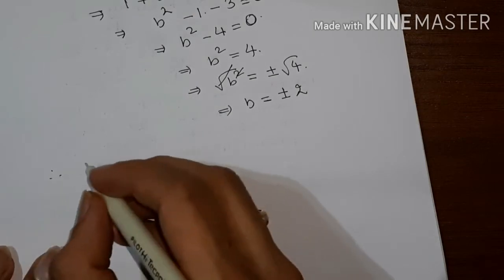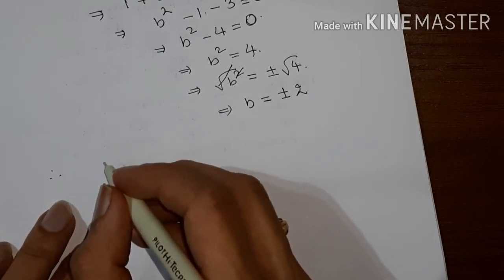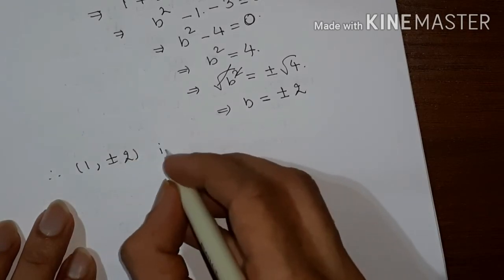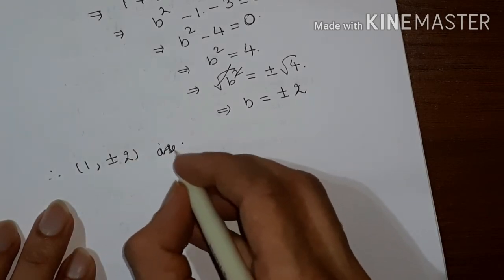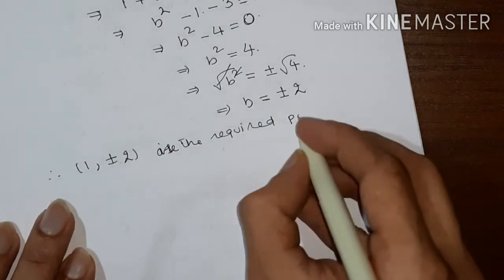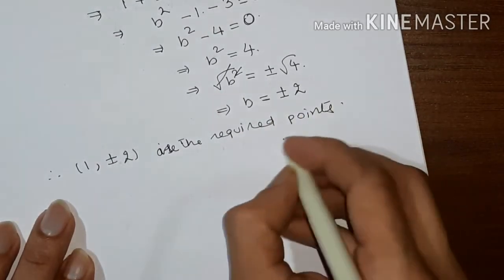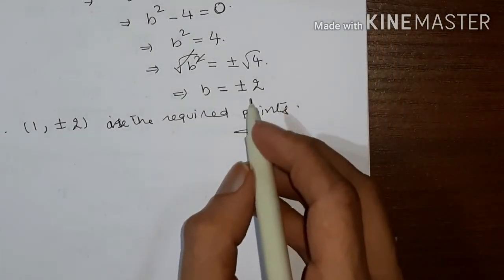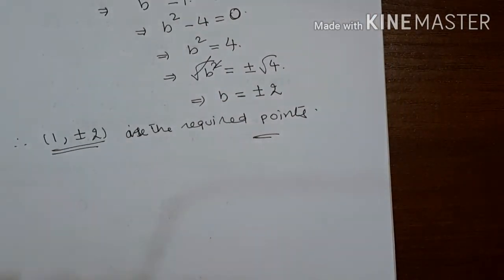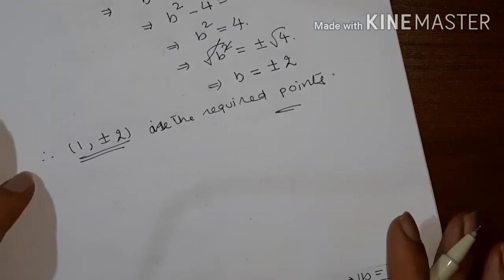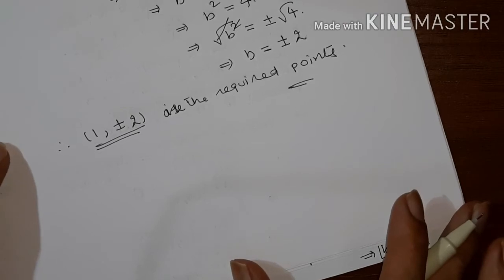So therefore what we have is 1 comma plus or minus 2 are the required points, right? A is equal to 1 here and b is equal to plus or minus 2. So this is the point that we require. Okay, so that is the solution of the problem 19.